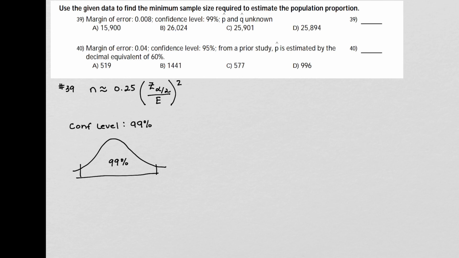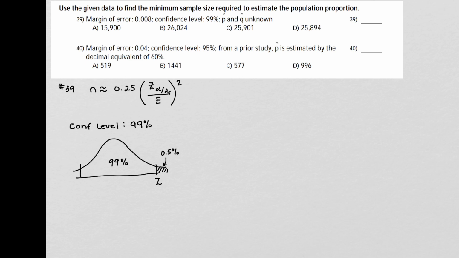Confidence intervals are always about the center of the data. So if there's 99% in the middle, that means there's 1% left over for the two tails together. So the right-hand tail has 0.5% of the data.